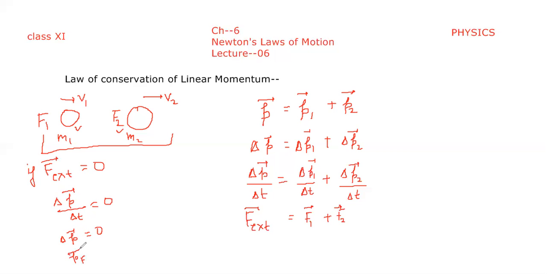P final minus P initial equals 0. So we can say P final equals P initial. Okay, so if P final equals P initial, that means momentum is conserved. So in the absence of an external force, the total momentum of a system remains constant.